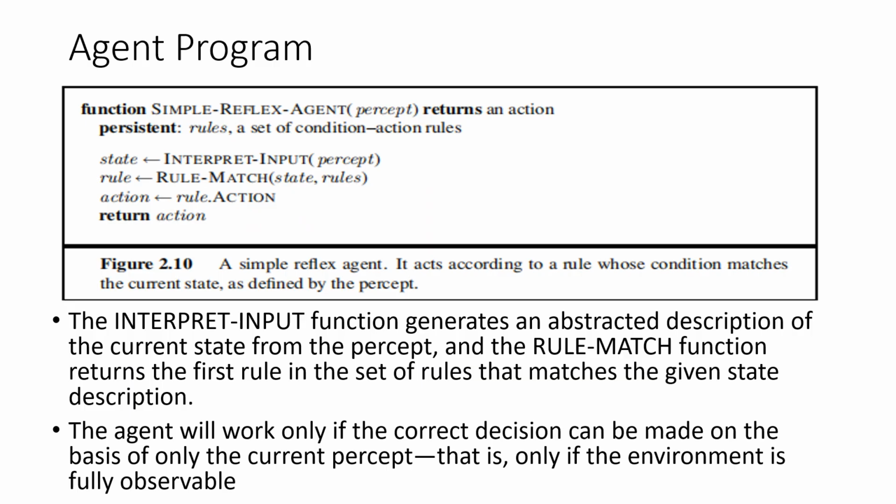So we will see the agent program. A simple reflex agent takes action based only on the current percept using the condition action rules. Here we can see the function is called every time a new percept arrives. Rules are stored permanently. You can see persistent here: rules is a set of condition action rules. What the sensor is collecting from the environment we can consider a raw percept.